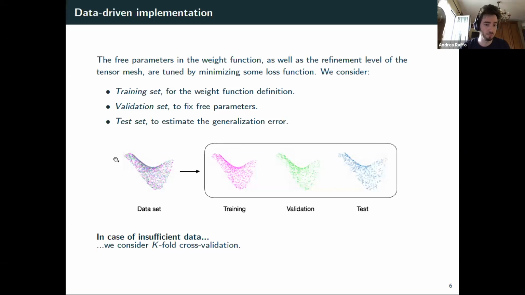So we should be able to preserve these properties. But there are some routines, for example, in MATLAB that can allow us to do this almost immediately. In case of insufficient data for this splitting, we consider as an alternative the k-fold cross validation. I don't have time to go into details, so feel free to ask questions or have a look at the paper for this case.